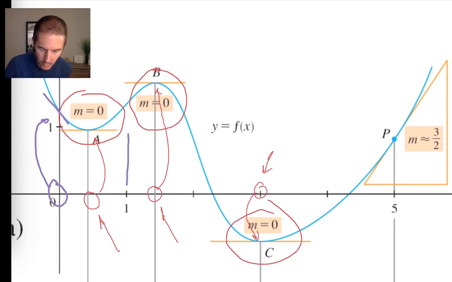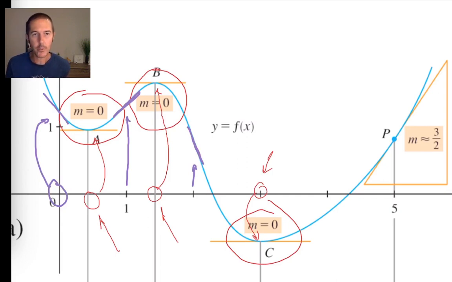And when x is equal to 1, we could check out the slope of the tangent line and say, well, that's equal to +1. And when x is equal to 2, the slope is, we're sort of estimating here, maybe equal to -2.